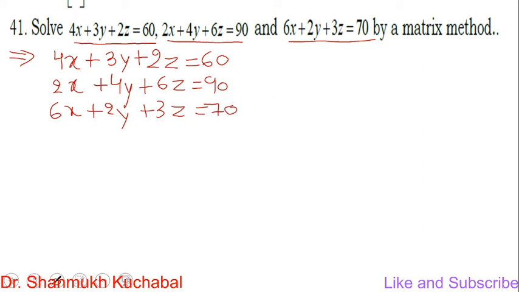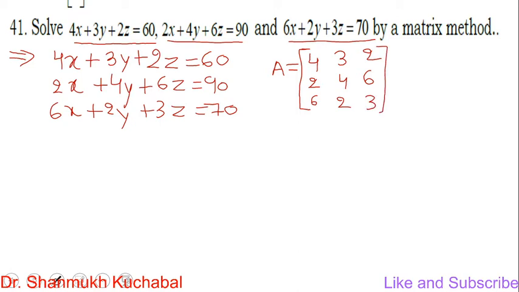So we will take the matrix A as the coefficient matrix. The coefficient matrix has x coefficients 4, 2, 6, and y coefficients 3, 4, 2, and z coefficients 2, 6, 3.